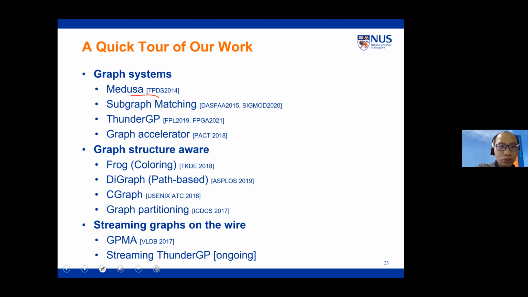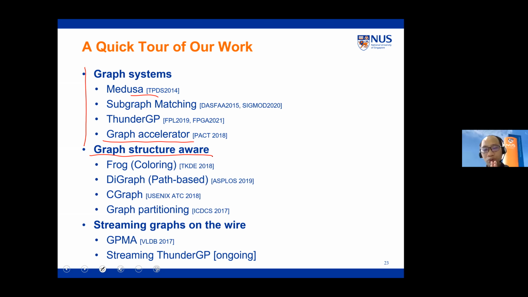We also did some very interesting work on domain-specific architectures, that is, graph accelerators. This focuses on a general design, but we also find that a general system makes it hard to achieve big performance gains. We need to care about the graph structure too.